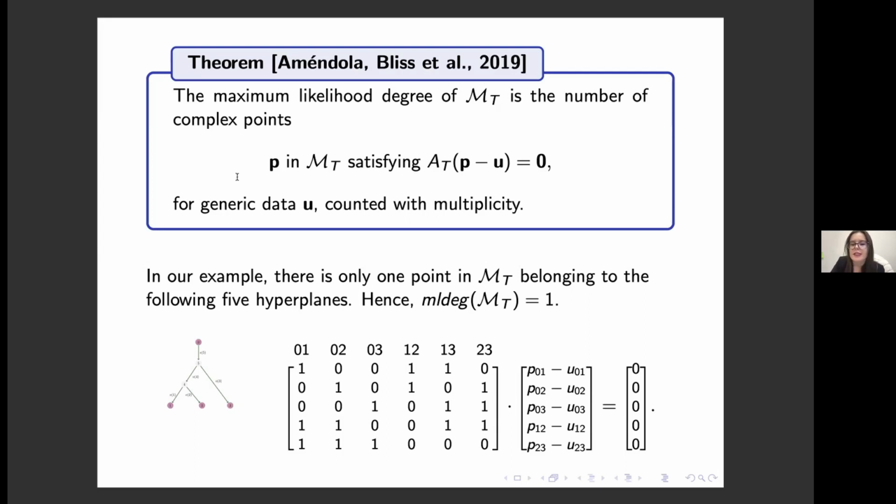For instance, in the first evolutionary tree that I mentioned, one can compute that the number of points in our model that satisfy the linear constraints is 1. So we have only one such point.